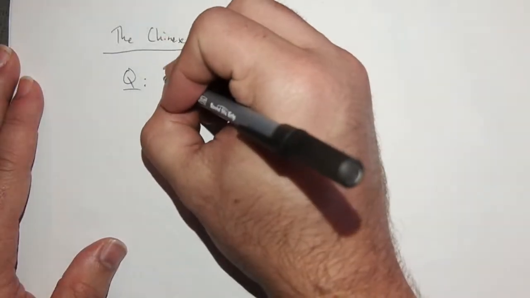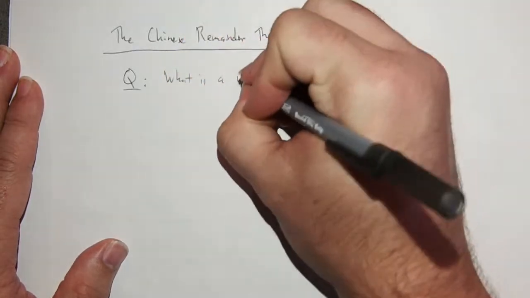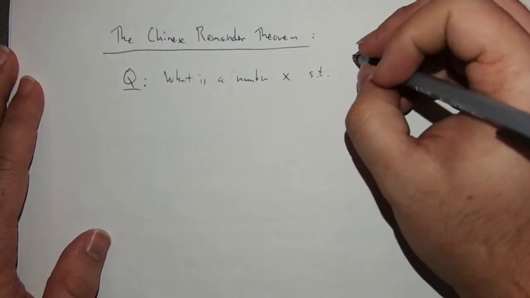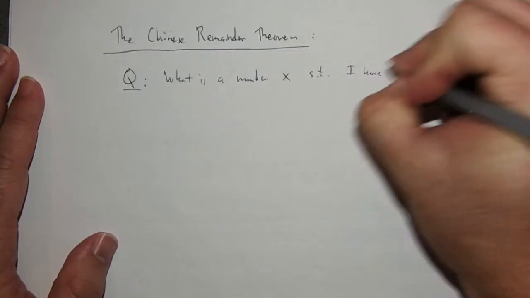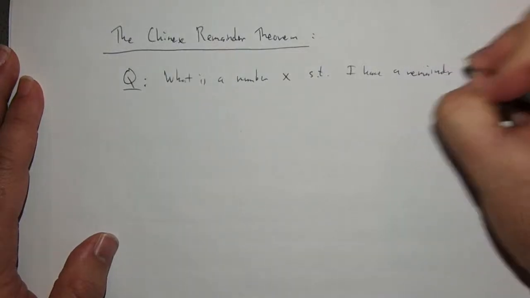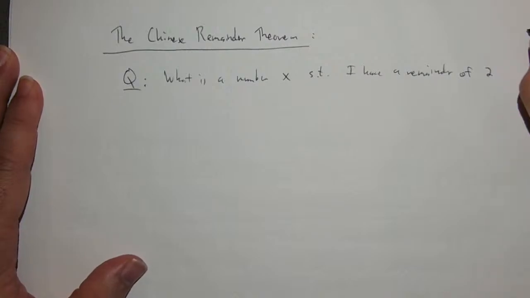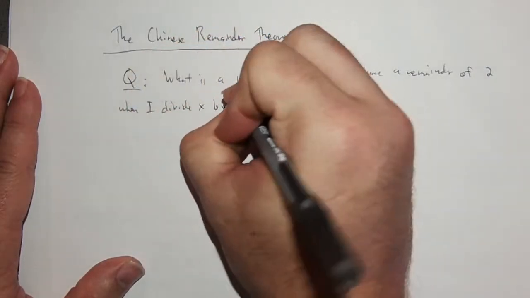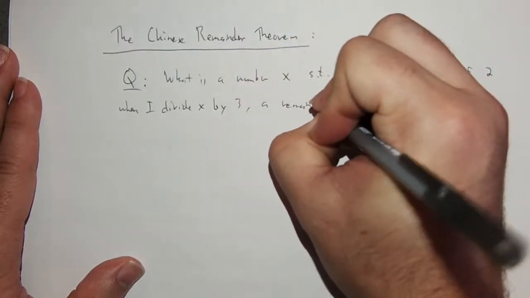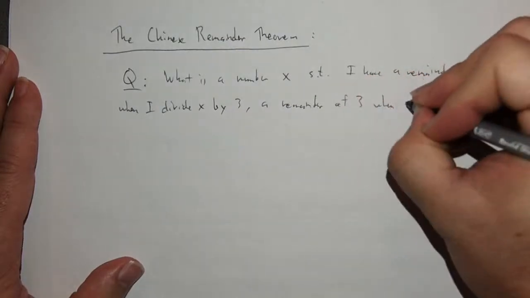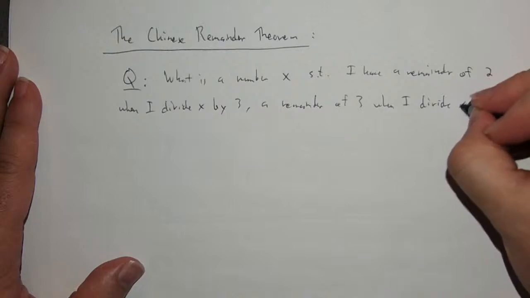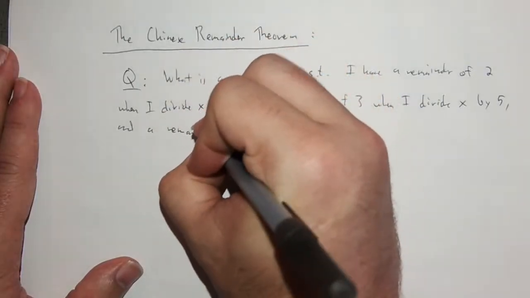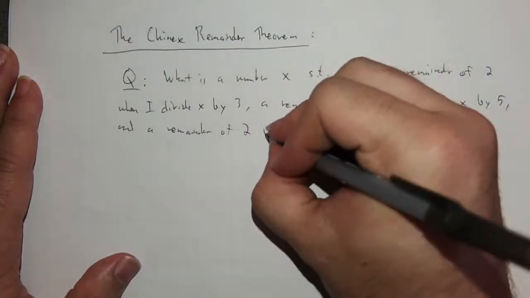What is a number x such that I have a remainder of 2 when I divide x by 3, a remainder of 3 when I divide x by 5, and a remainder of 2 when I divide x by 7?